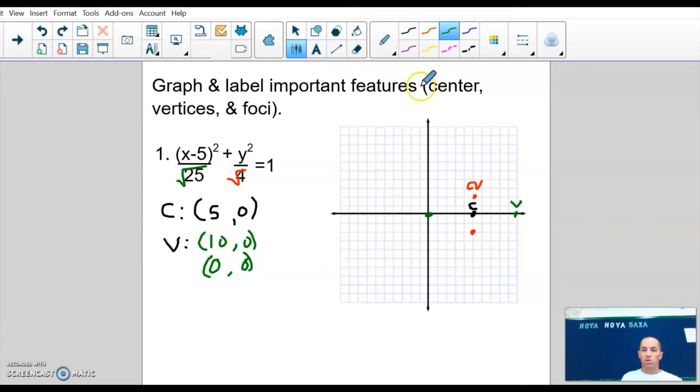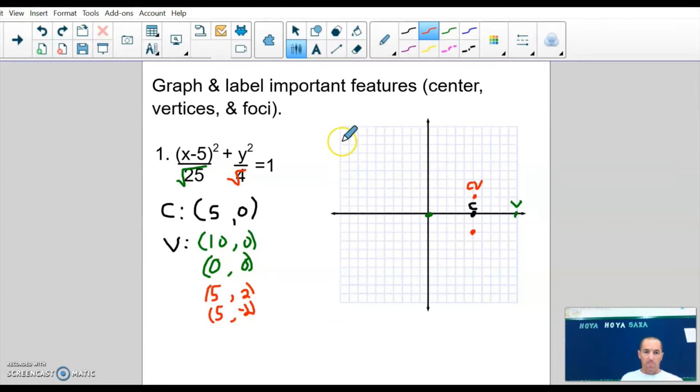The co-vertices, which I will put in red, look like (5, 2) and (5, -2). Make sure you get parentheses around those.